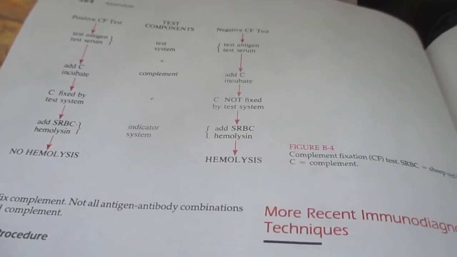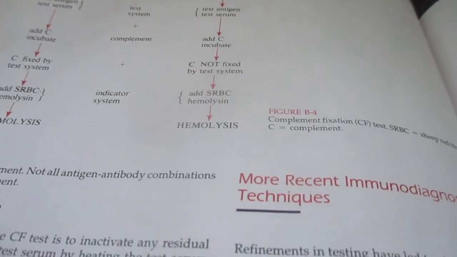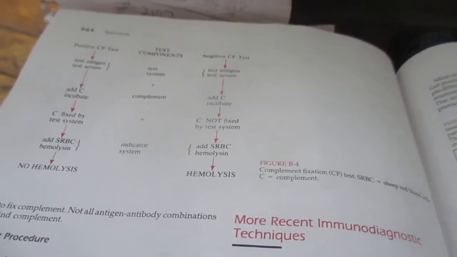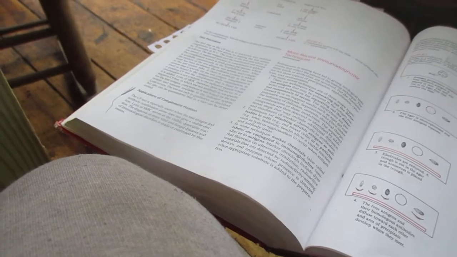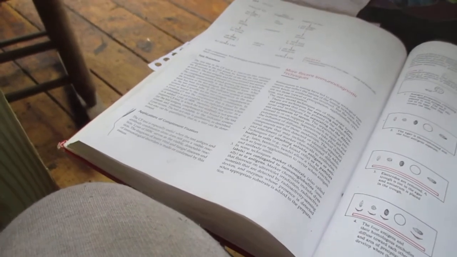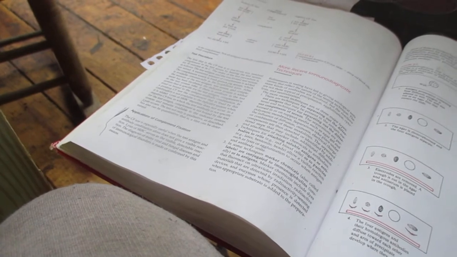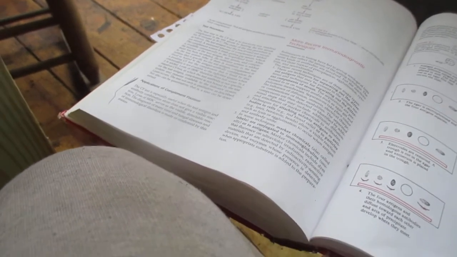Now normally, if we take sheep red blood cells and antibody for that plus complement, you get lysis. Remember, lyse is a cell, and the sheep red blood cells, being red blood cells, cause a red color.